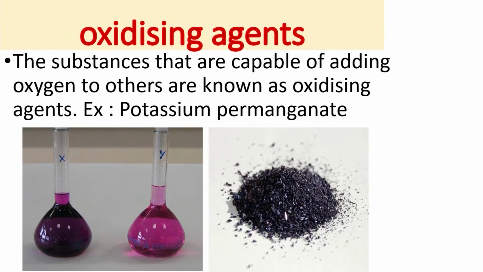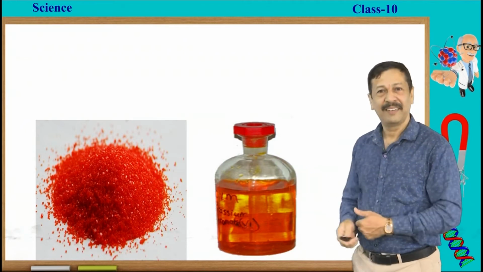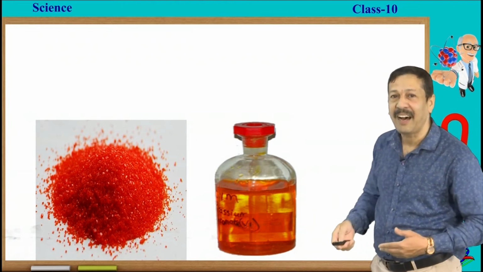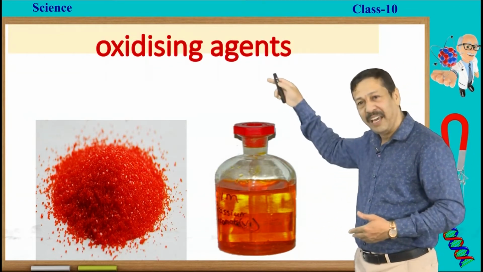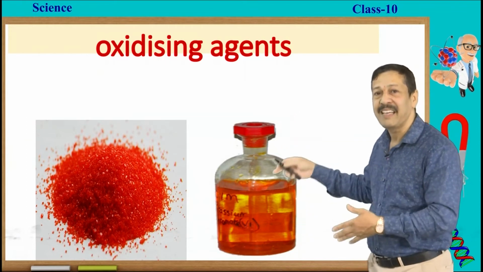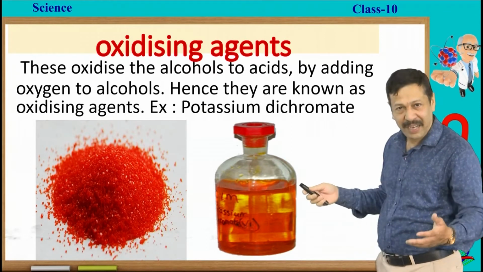Here you are seeing potassium permanganate. What is this? So beautiful, colorful, orange colored crystals. Once again, they are also an example of an oxidizing agent. This is potassium dichromate. So beautiful, right?